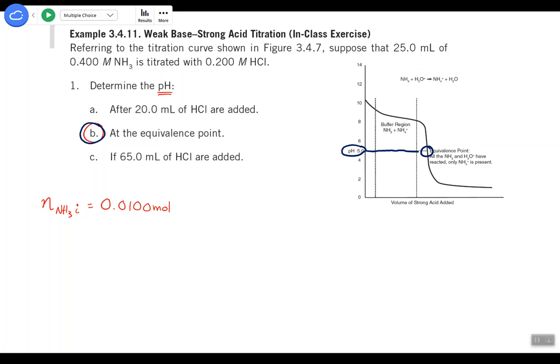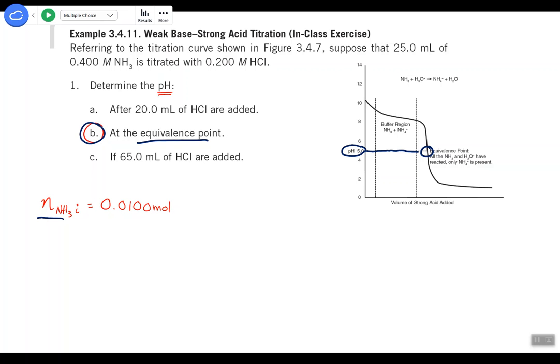But we need to actually be able to calculate that exactly. When we're doing a problem with the equivalence point, we have to know how to interpret what that value means. If we're at the equivalence point, that means we've added just the right number of moles of acid to equal the number of moles of base that we started with in our Erlenmeyer flask.